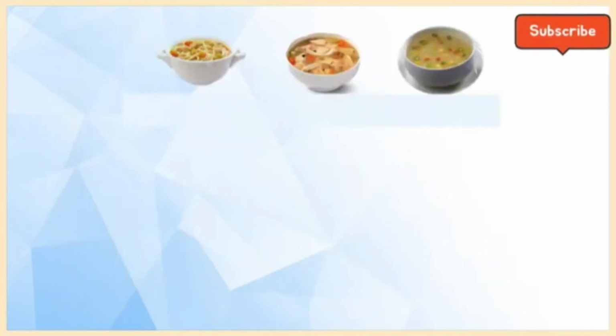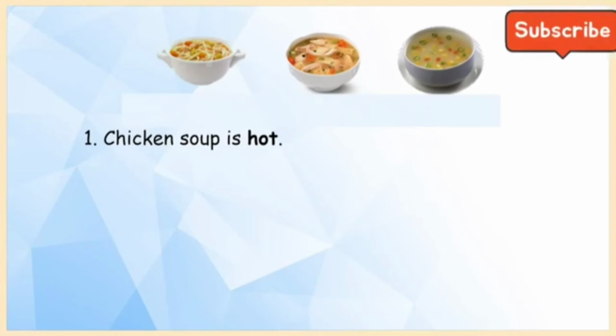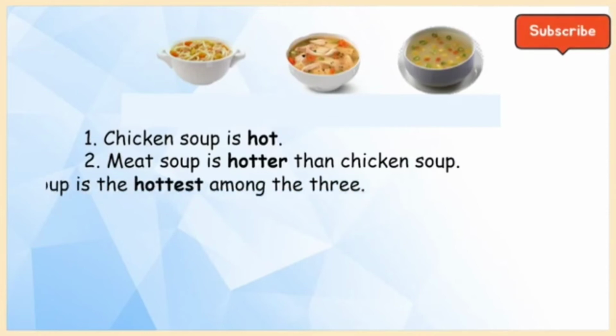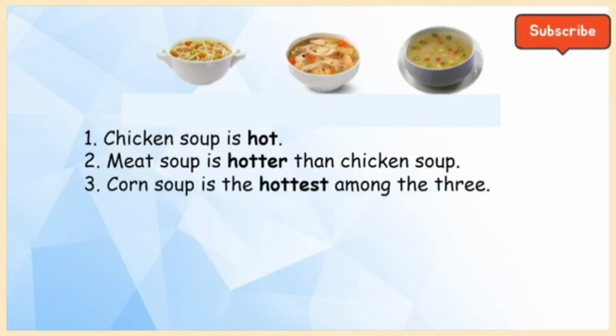Compare the three kinds of soup. Read the sentences below. Chicken soup is hot. Meat soup is hotter than chicken soup. Corn soup is the hottest among the three. In sentence 2, which is comparative, what is added to the word hot?